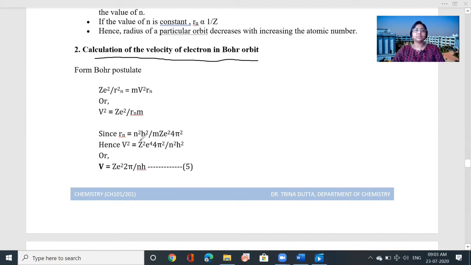So since Rn is equal to n squared h squared by m Ze squared 4 pi squared, hence v squared is equal to this one, or we can get v is equal to Ze squared 2 pi divided by nh.